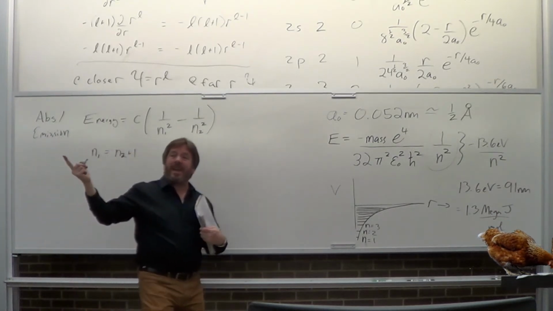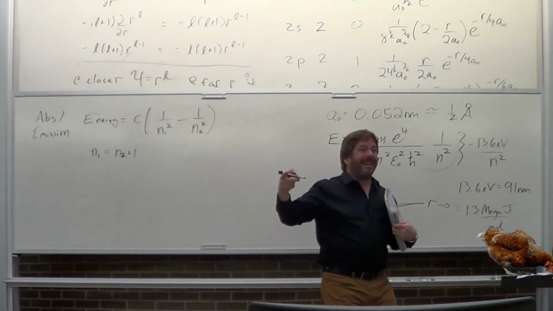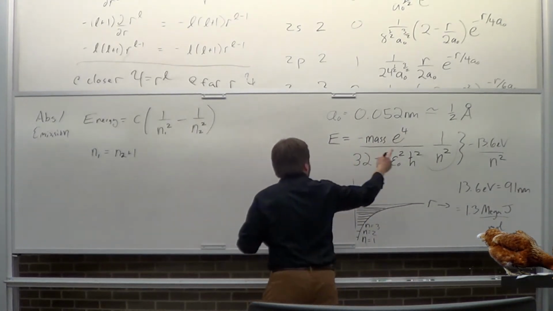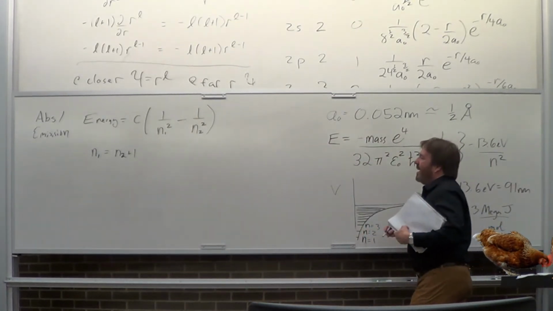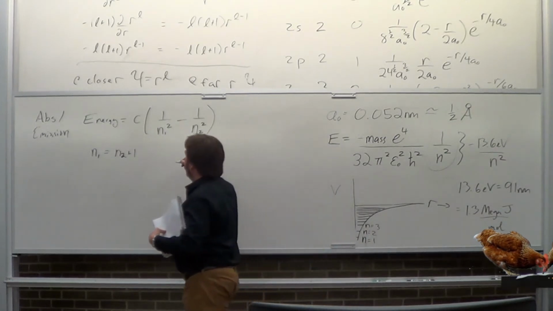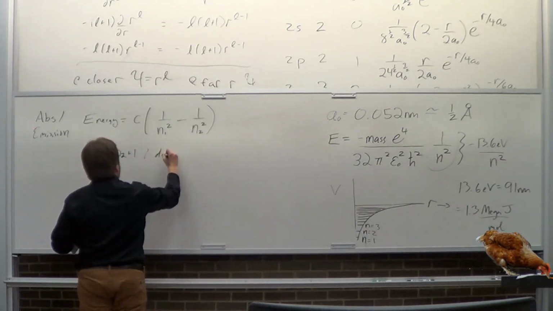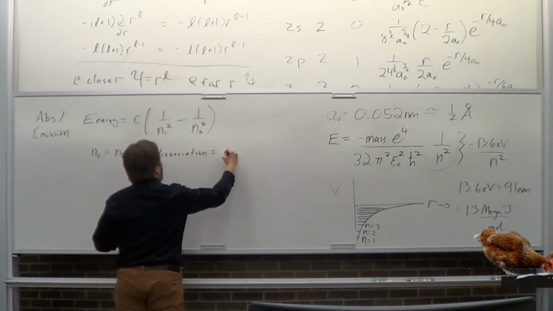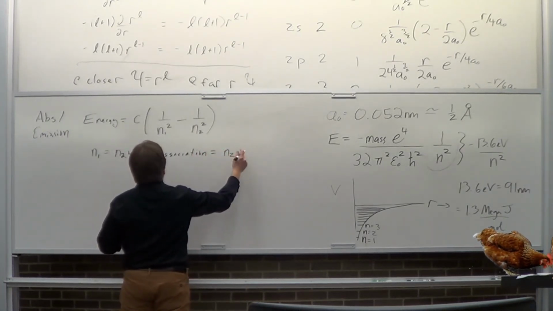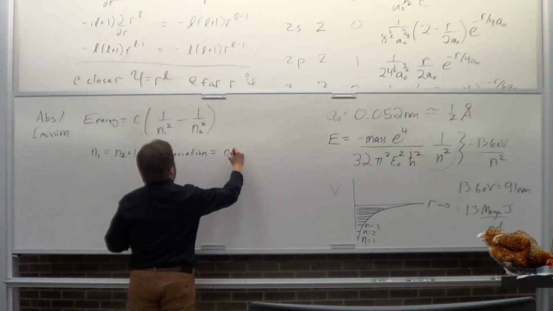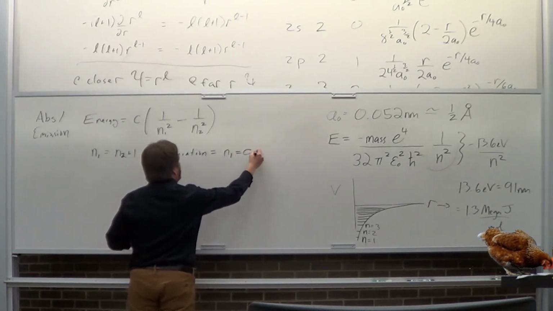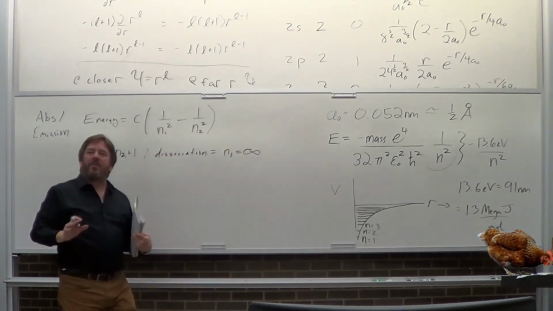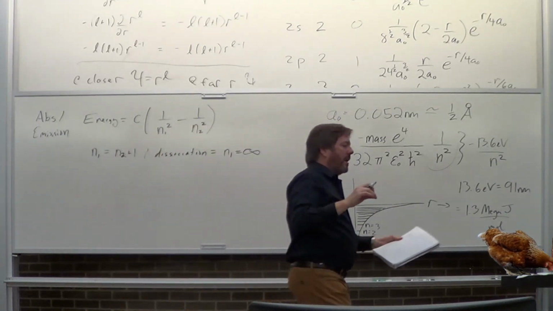You remember I told you that at the very beginning? Right? There you go. It's all right here, N squared. Now, when it comes to disassociation, what you do is you say N2, no, what is it? N1. N1 is infinity.